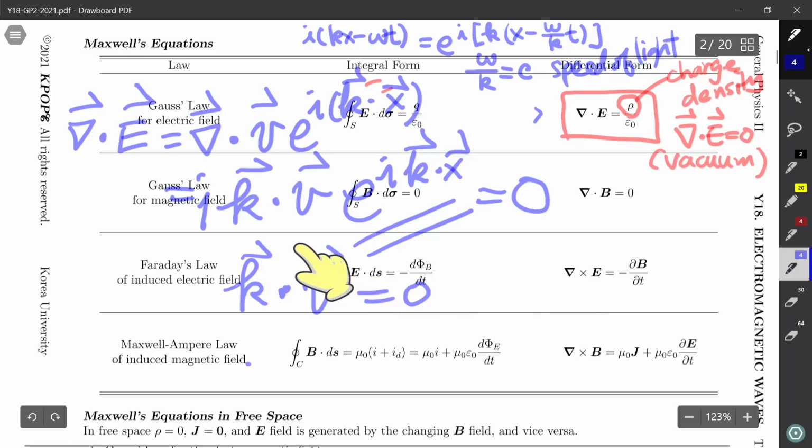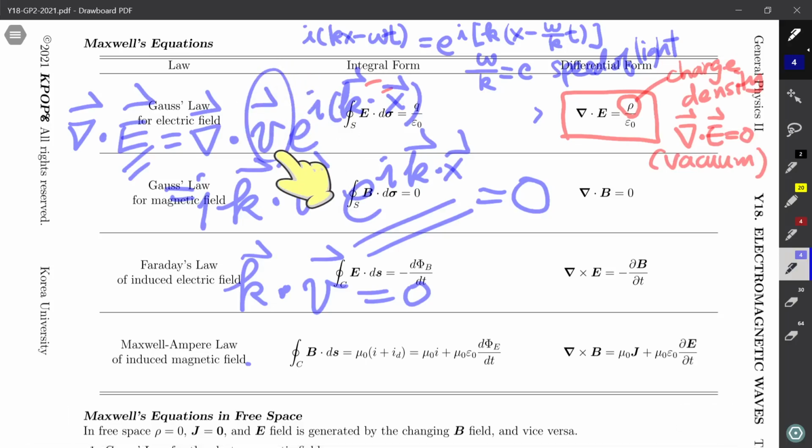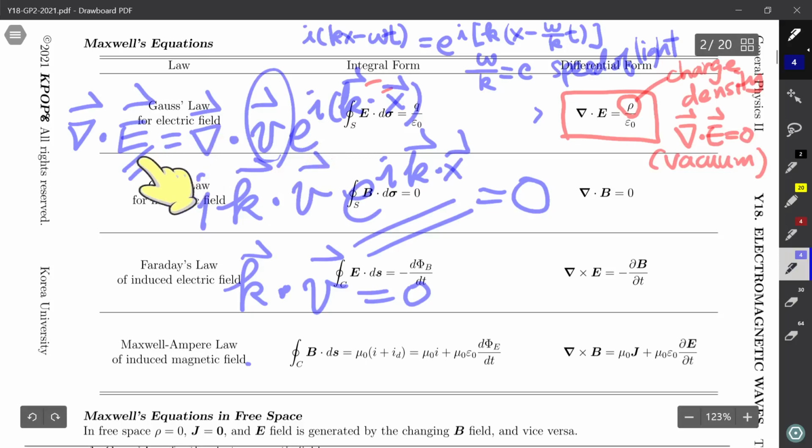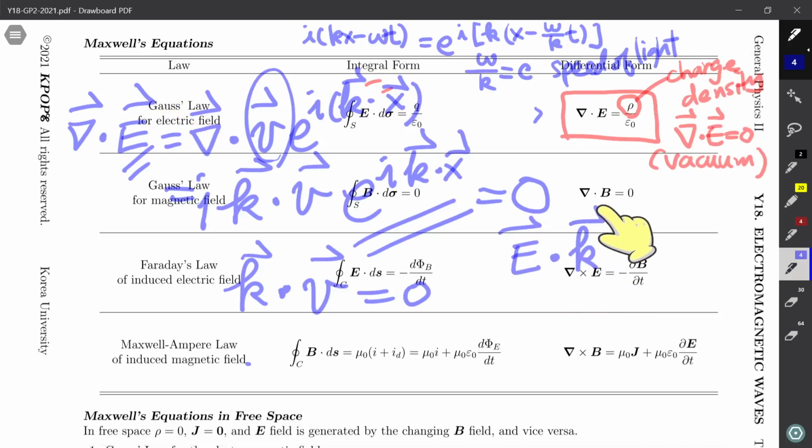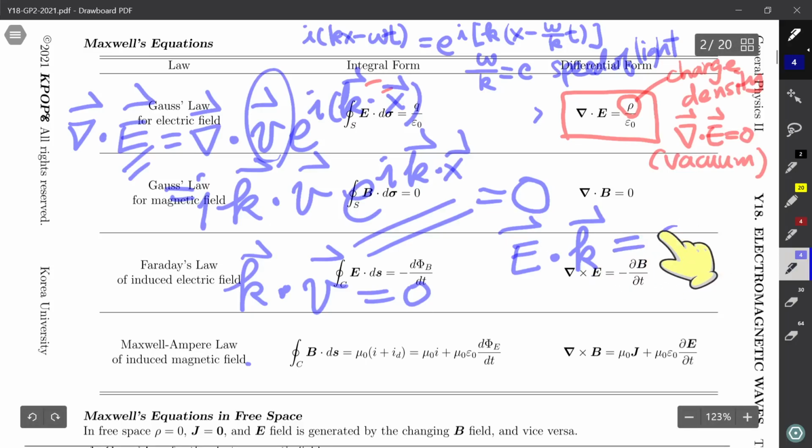This vector is independent of space and time, but proportional to the electric field. That means the electric field and the propagating wave vector are perpendicular to each other.